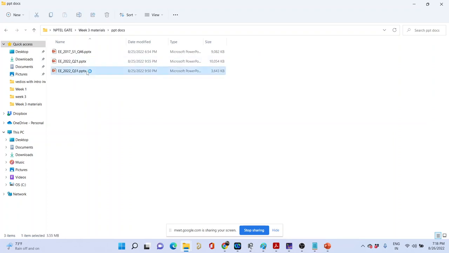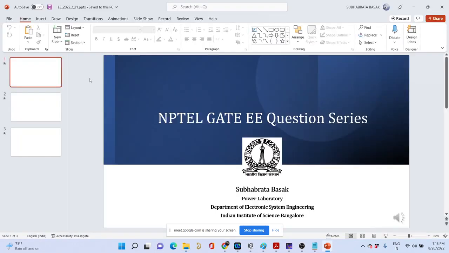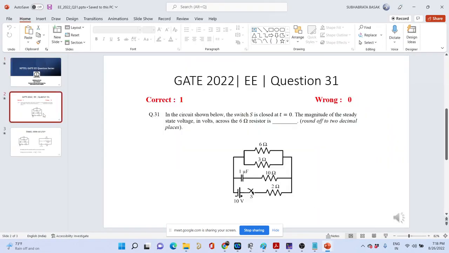Question 31. So 1 minute is enough for this sum. I am showing you. Okay, get this open. So this is the question. You have been given a circuit and you are asked to find the voltage across the 6 ohm resistor at steady state, once the switch is closed.